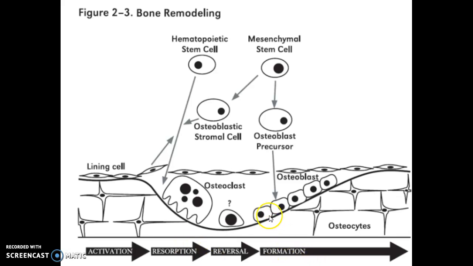All right, and the formation is going to be caused by these osteoblasts that come down and lay new bone down, new bone cells. And then in the process of creating this new bone, coming in and filling in this hole, you have osteocytes that are formed. And these are these star-like cells.